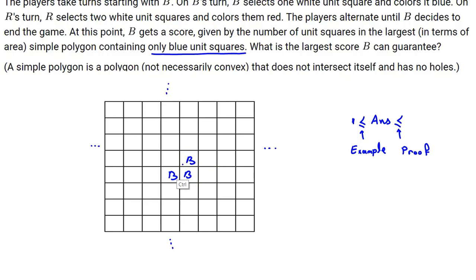We want to see how many B's we can place at most. When we place one B, it has 4 adjacent cells. R can remove 2 of them, and without loss of generality, we can say this one is empty because it is symmetric. So 2 of them will be left.